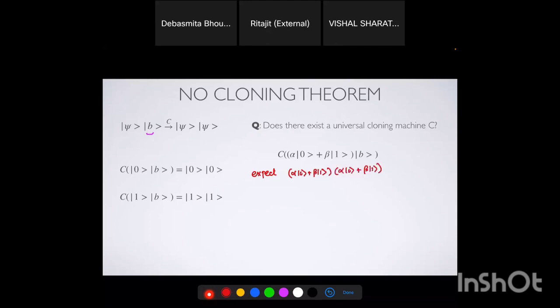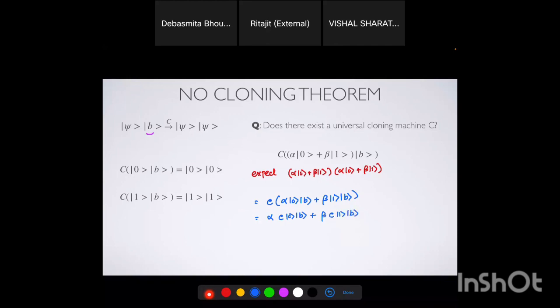But let's see what happens in reality. So here we have C(alpha|0>|B> + beta|1>|B>). So we can take alpha out, C|0>|B> plus beta out, C|1>|B>.